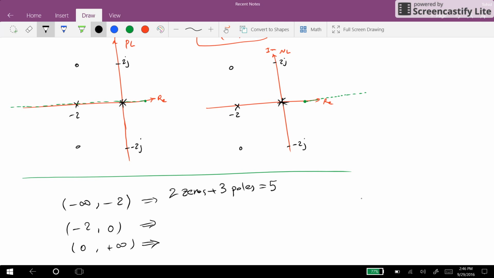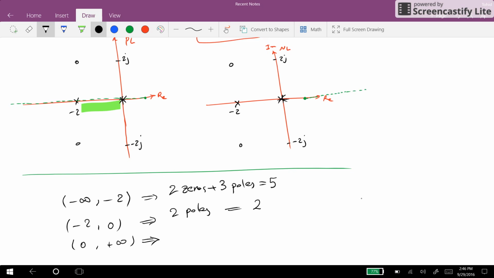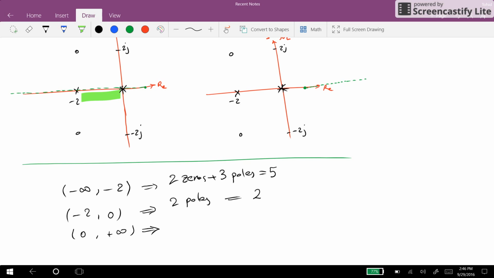For the region between -2 and 0, we have only 2 zeros on the left and two poles on the right-hand side. So we have the number of poles and zeros equal to 2. And for the region from 0 towards +infinity, we have nothing, 0 poles and zeros. So we have 0 here.